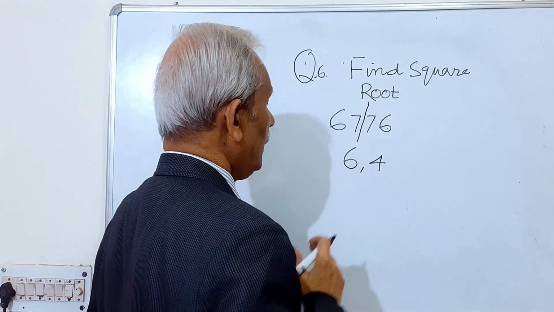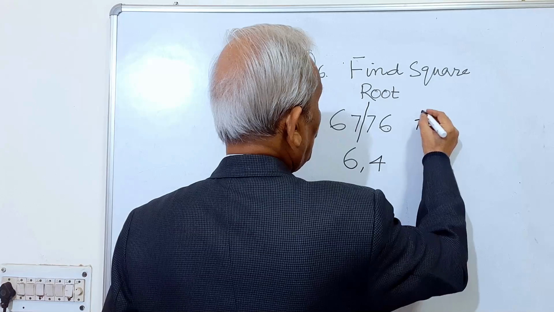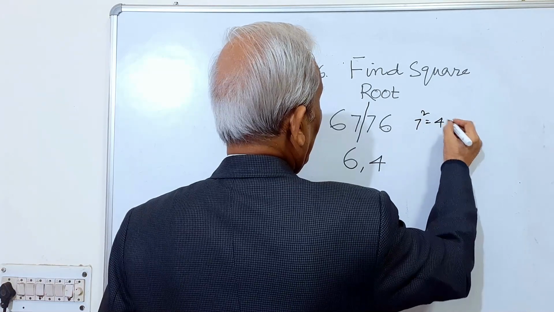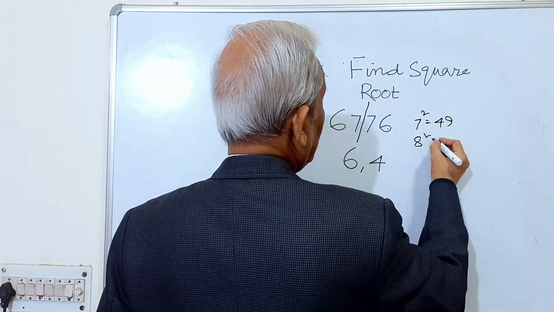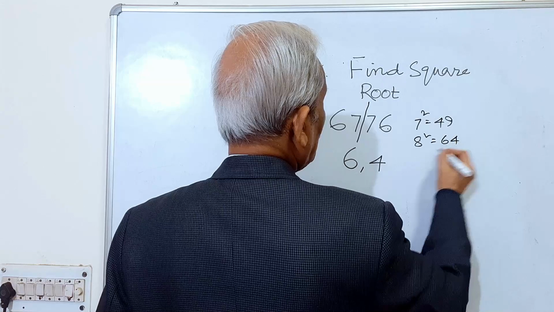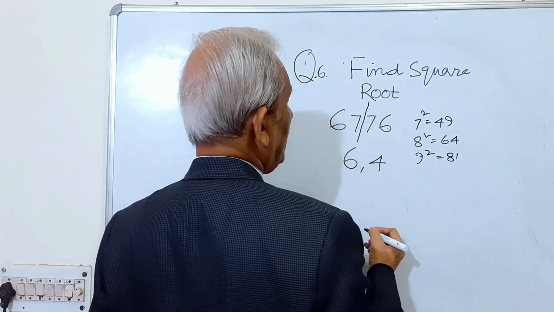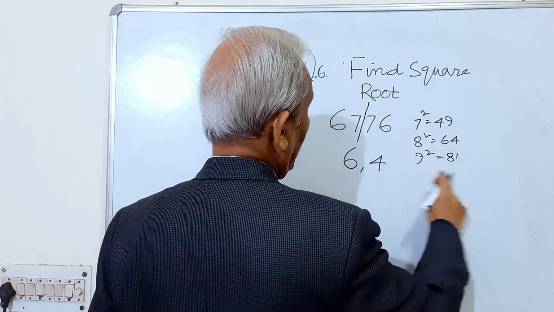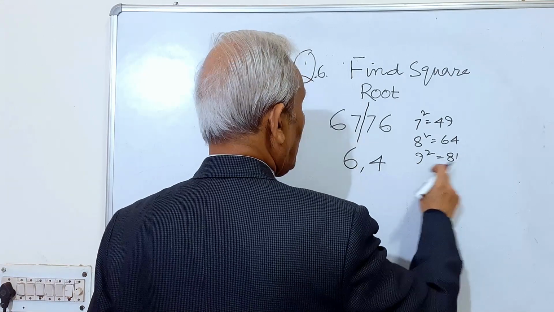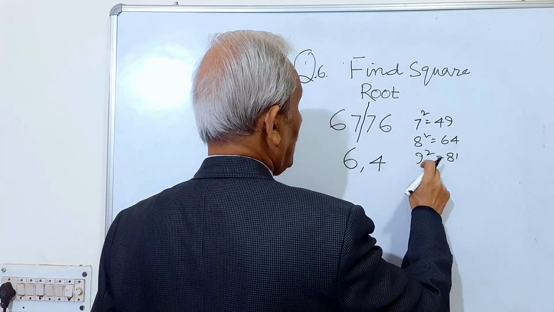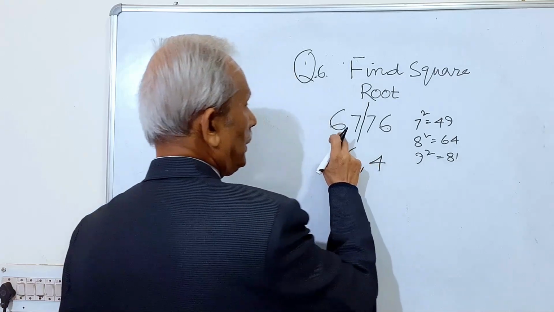67 here. 7 square is 49, 8 square is 64, 9 square is 81. So it must be somewhere between 8 square and 9 square. It cannot become 9 square because 9 square is 81, which is much more than this.